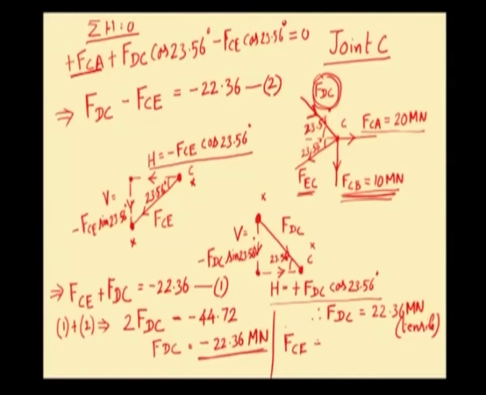So, FCE minus 22.36 is equal to minus 22.36. Therefore, simplifying this, we get FCE as 0, which means that there is no force acting in this member EC. So, member EC is devoid of any force. Only in the rest of the members we have forces acting.